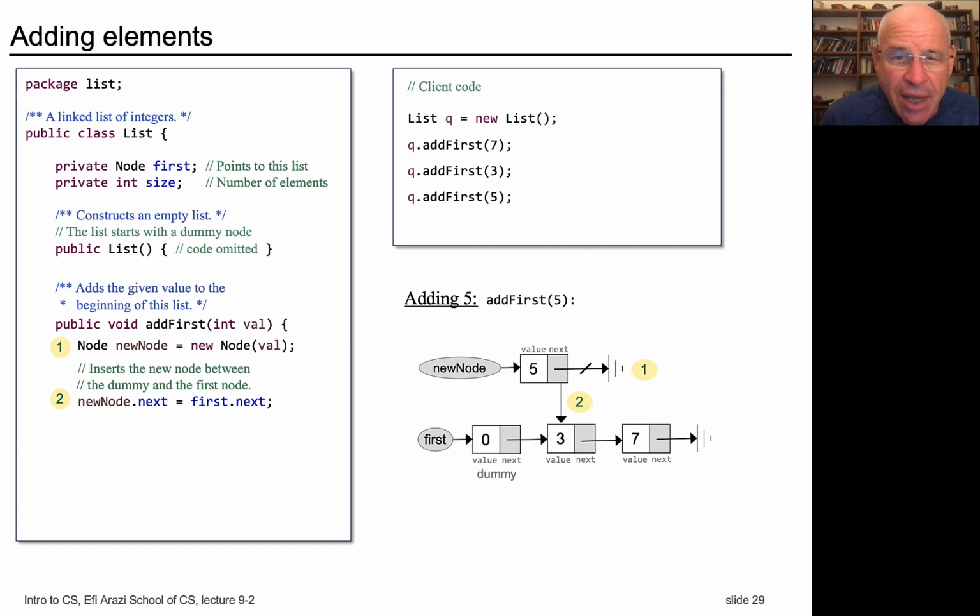So I put this value now inside next of 5. So that's this micro step, so to speak. What next? By the way, notice that once 5 points to 3, the previous pointer that 5 had, which was null, is no longer relevant.